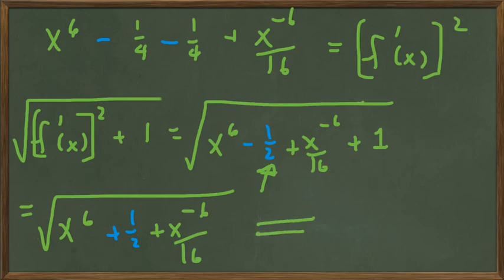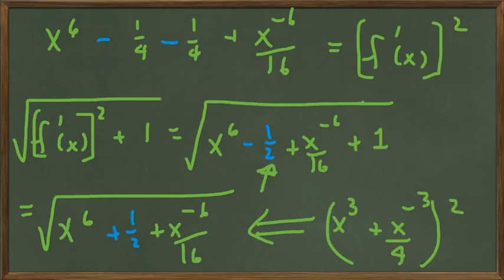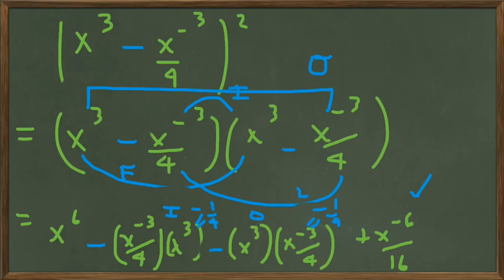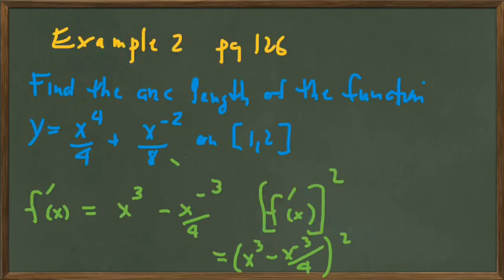So this expression right here where we left off is actually one that can be factored like this: the square root of x cubed plus x to the minus 3 over 4, quantity squared. If we go back, we see that before we had x cubed minus x to the minus 3 over 4.